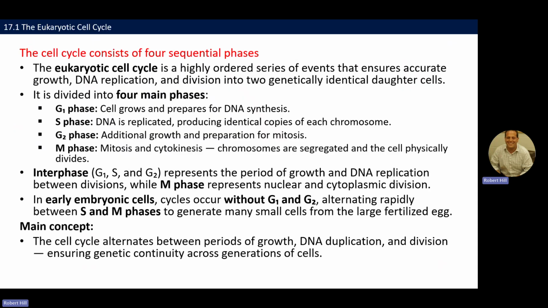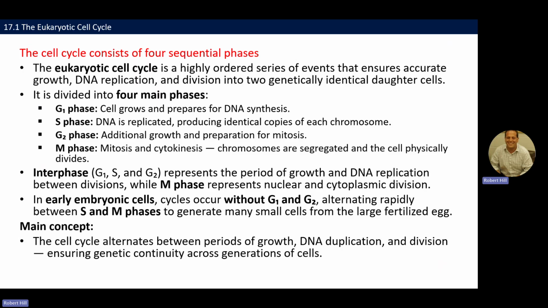So the cell cycle progresses through 4 distinct phases: G1, S, G2, and M. The letter G stands for gap, the letter S stands for synthesis, and M stands for mitosis. Now, some people say G stands for growth. Both are fine. Gap, growth.